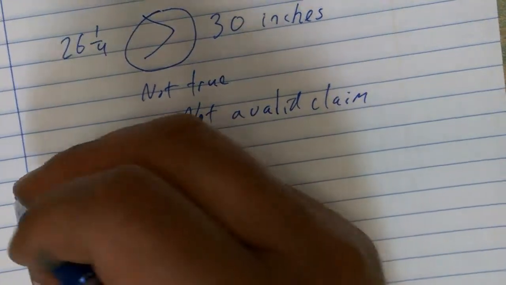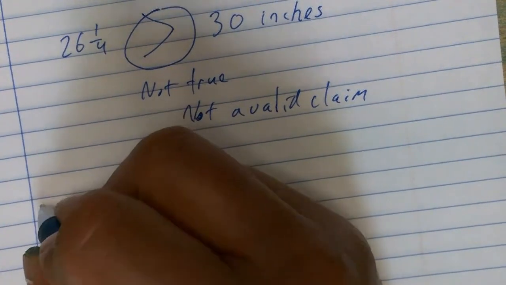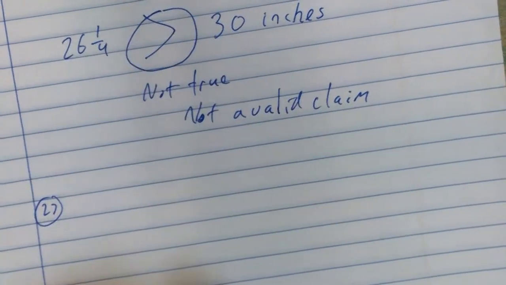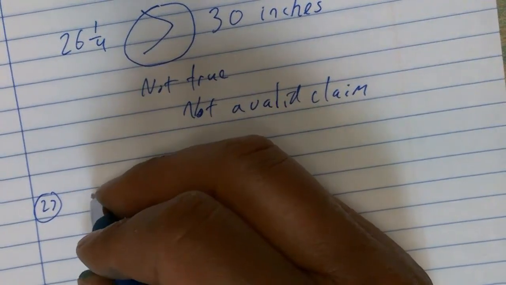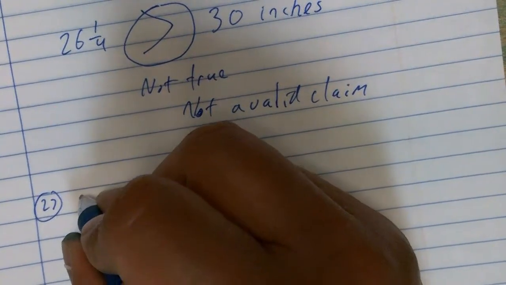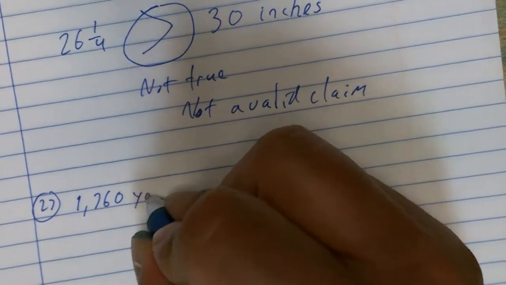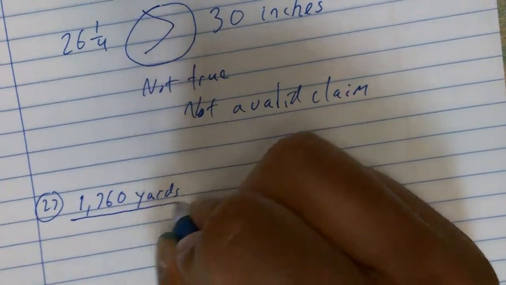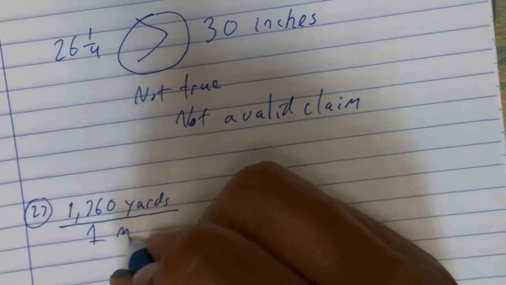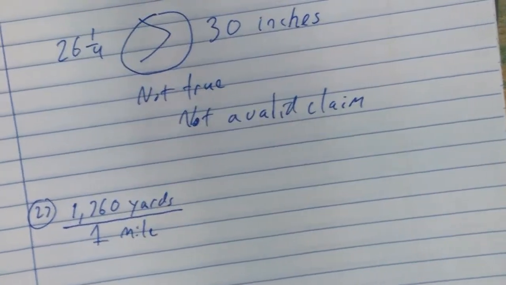Okay, last one. It's a doozy, but you can do this. 27. 1,760 yards equals 1 mile. Okay, that's what it tells us.